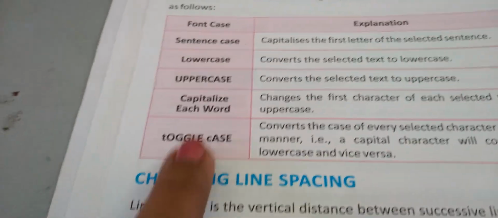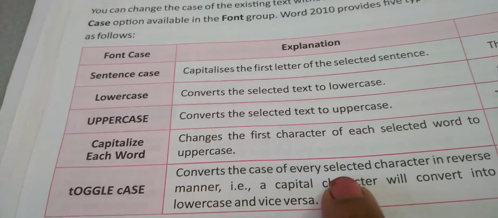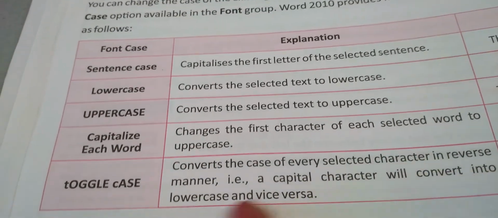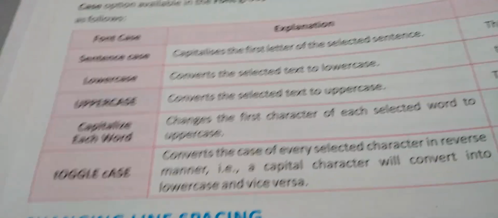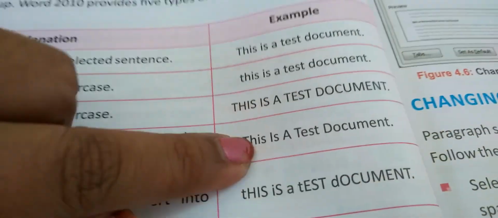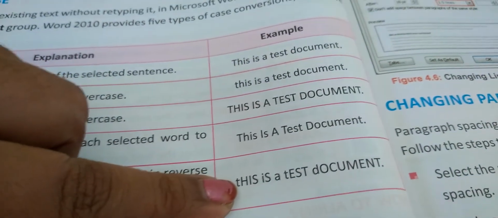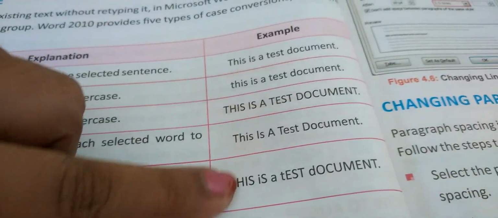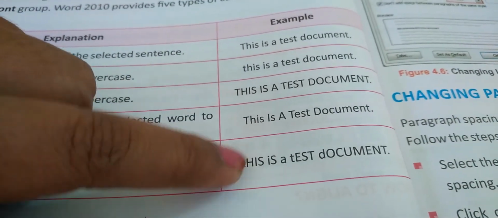Next comes the toggle case. What is a toggle case? Converting each case of every selected character in reverse manner. In reverse manner means the capital letters are converted into small and small are converted into capital. See the difference between the capitalizing each word and toggle. By observing these 2 sentences, you can clearly understand what is the difference in the toggle case.